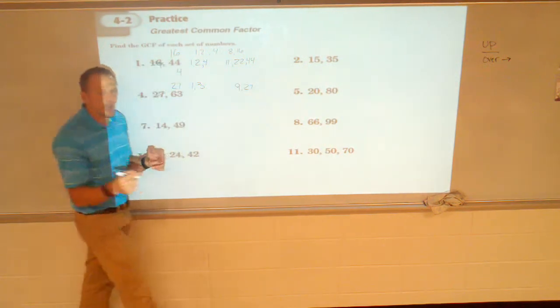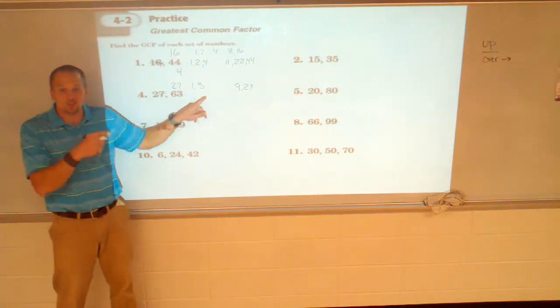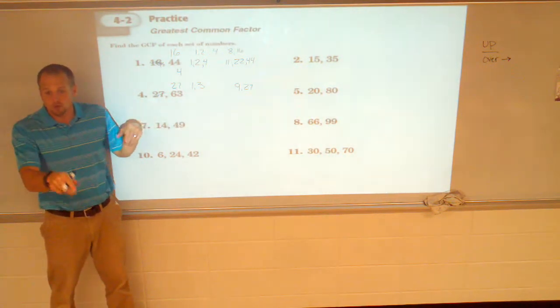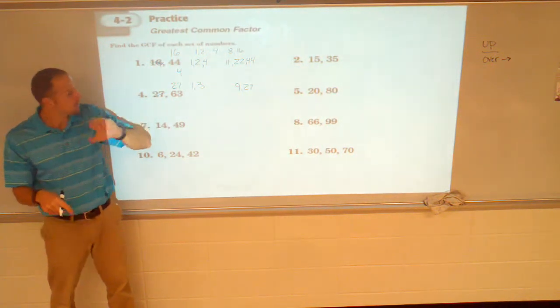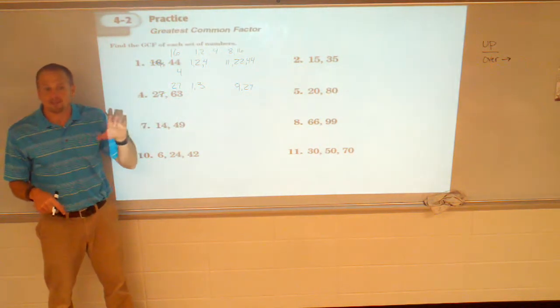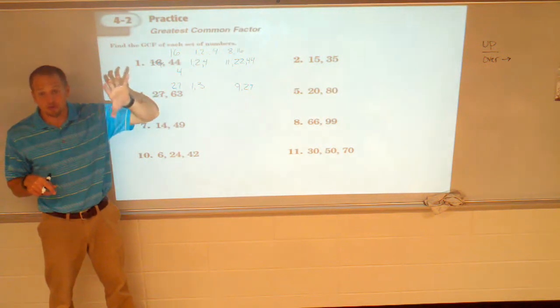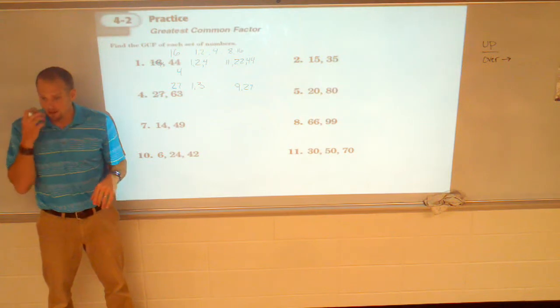And here's what I want you to notice. We divided by 3, and our answer was bigger than 3, right? Okay, try 27 divided by 4. It doesn't work, but our answer is still bigger than 4, right? Try 27 divided by 5.